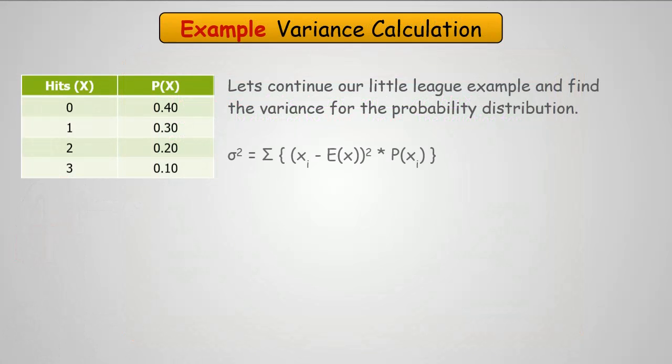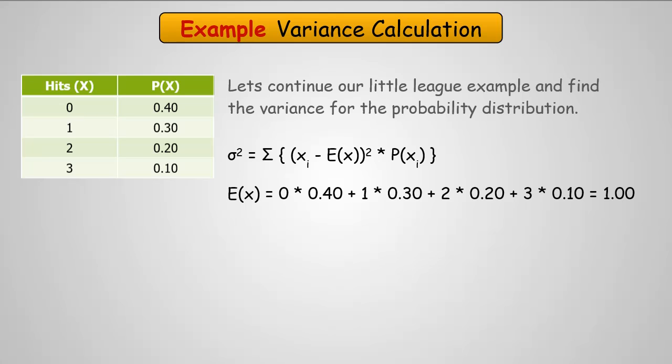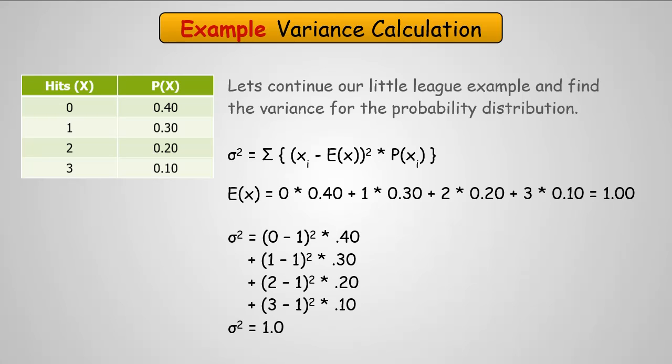Let's continue our Little League example and find the variance for the probability distribution. The formula is going to be the value of x minus its expected value, squared, times the probability. To refresh your memory, the expected value of x was equal to 0 times 0.4 plus 1 times 0.3 plus 2 times 0.2 plus 3 times 0.1.